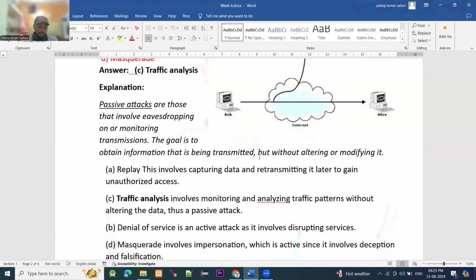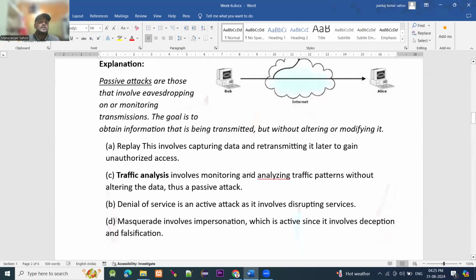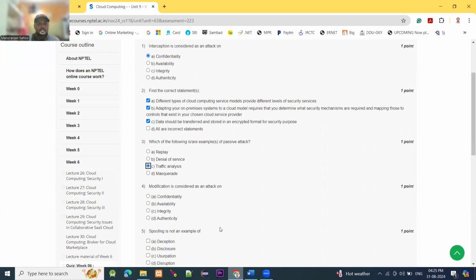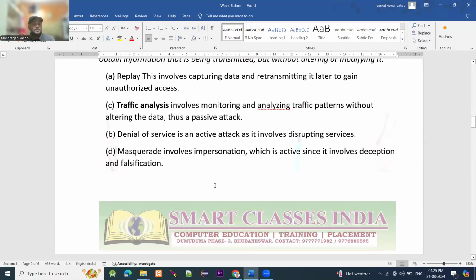But traffic analysis involves monitoring and analyzing traffic patterns without altering the data. Thus, it is a passive attack. So option C is the right answer. For the rest, denial of service is an active attack, as it involves disrupting the services.